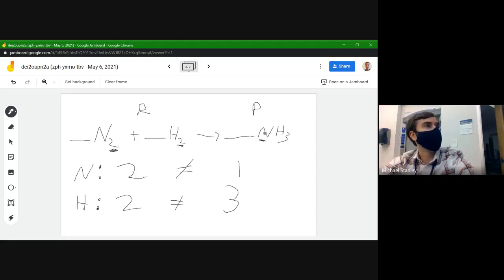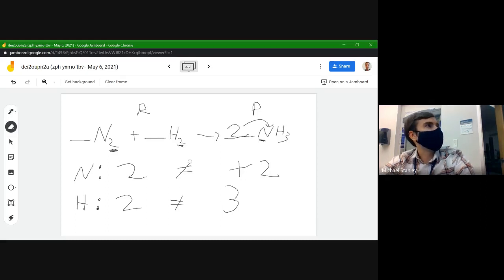Exactly. NH3 is the 1 molecule over here. So we can put a 2 coefficient down in front of it. So now this 2 is going to give us 2 N's, just like we were looking for. So that's a good sign.